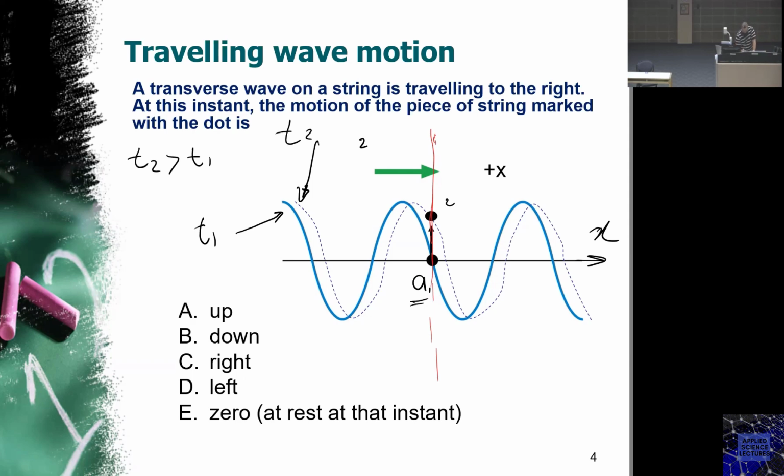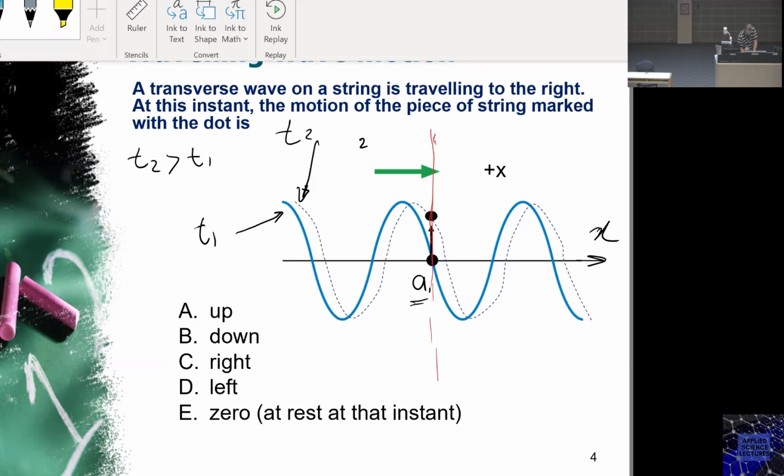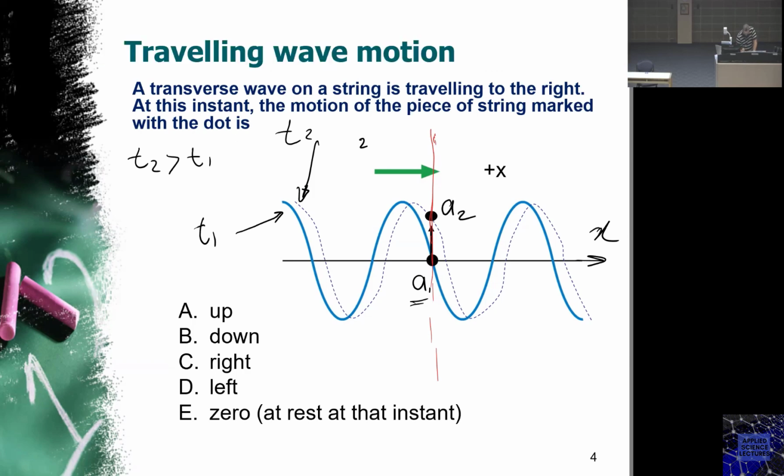So for me, this is A1. And now this is going to be A2. The intercept point is indeed this dot that is represented by A2. And I can easily see then that this A1 went up.